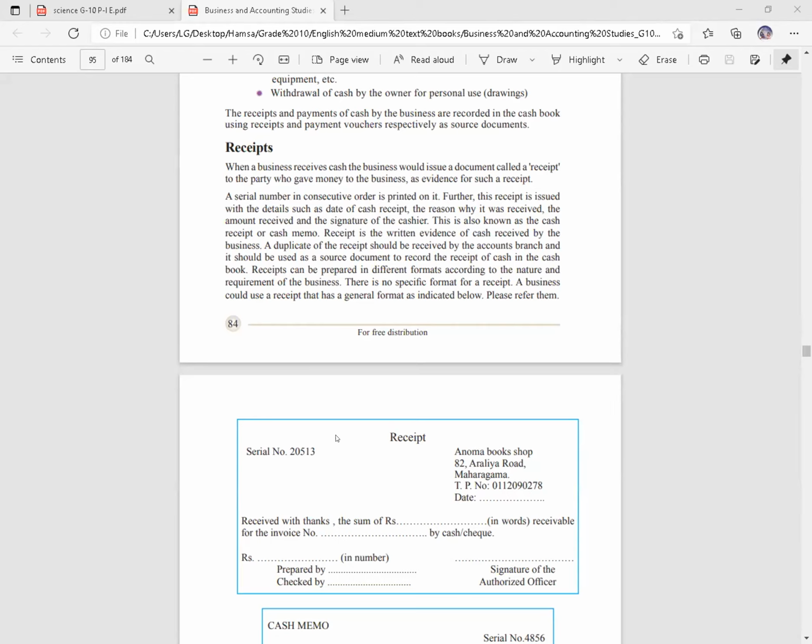So you got that money, and the debtor went. You don't have any evidence of taking that money, or any evidence that the debtor has paid you the money. So what will happen?